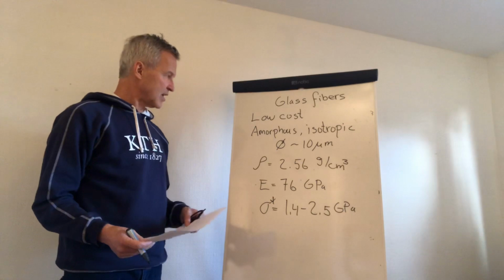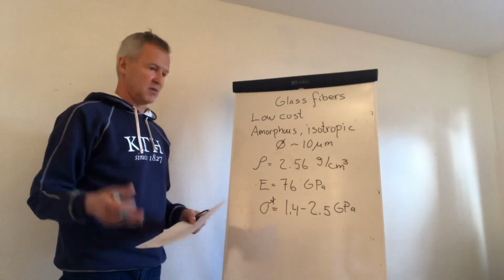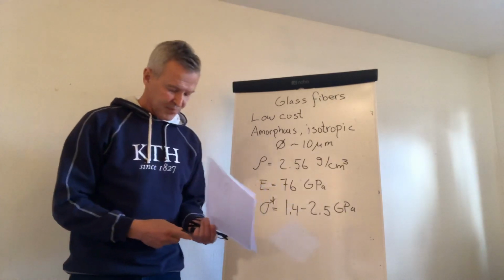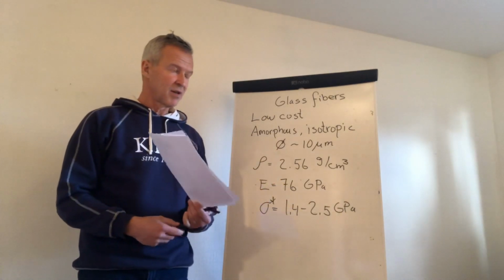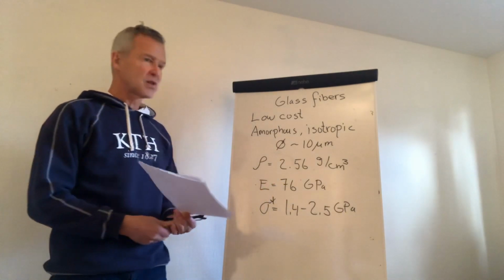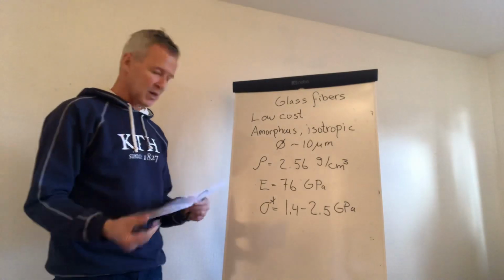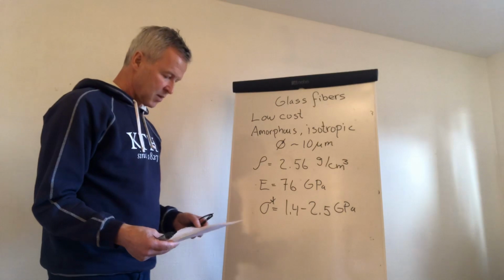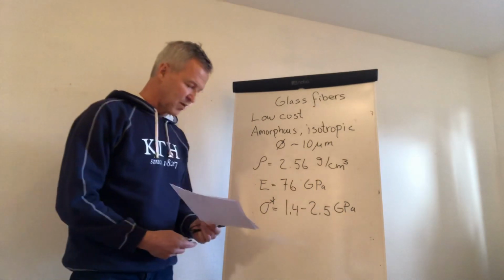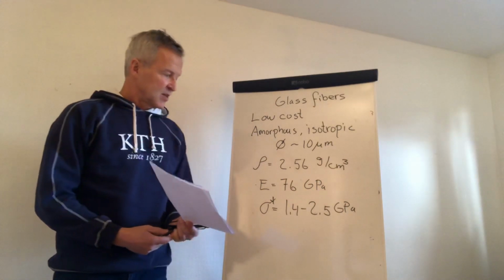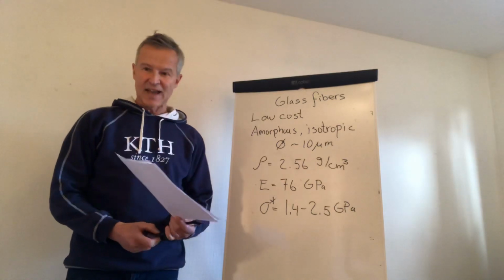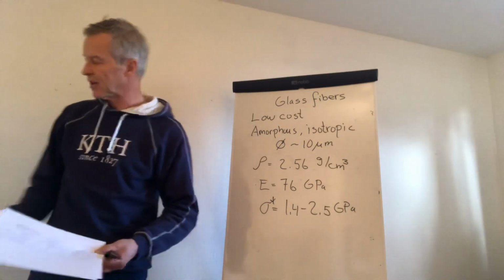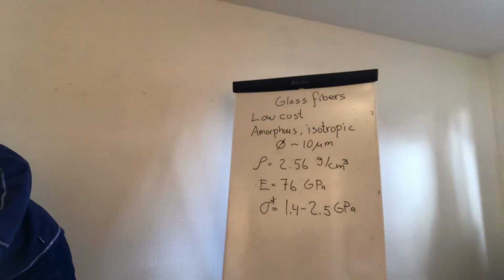The question then is, how do we process, how do we make glass fibers? As you may imagine, it's based on silica, so silicon dioxide, and it means that we are basically starting with sand. Sand is the most important raw material.